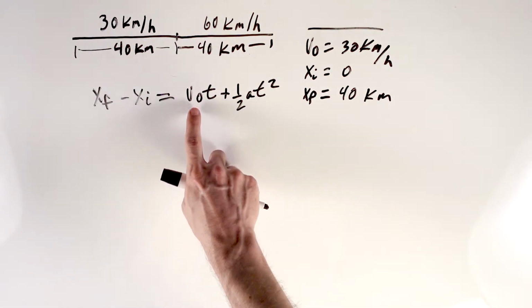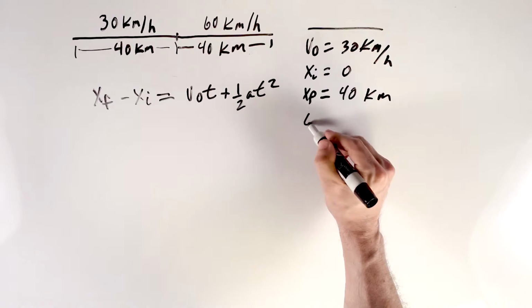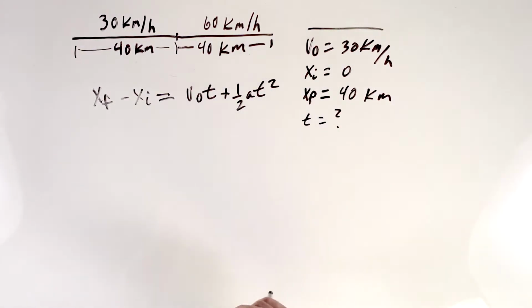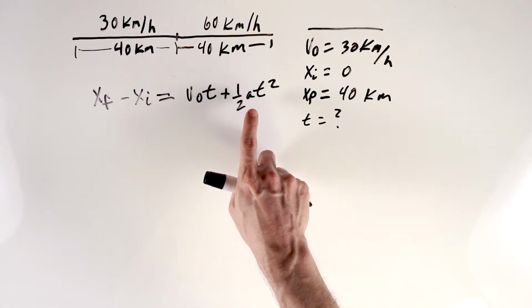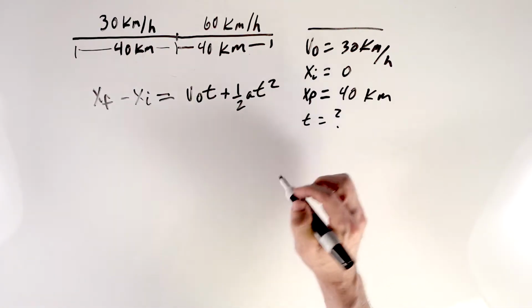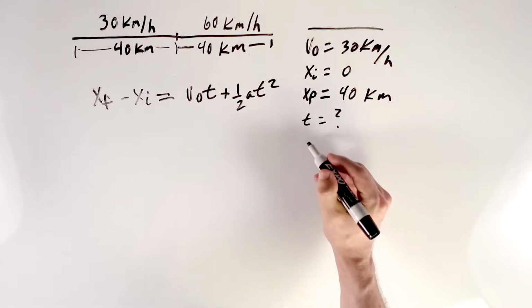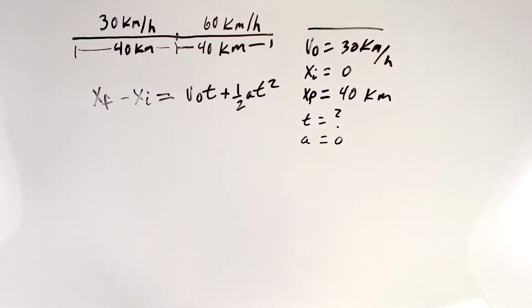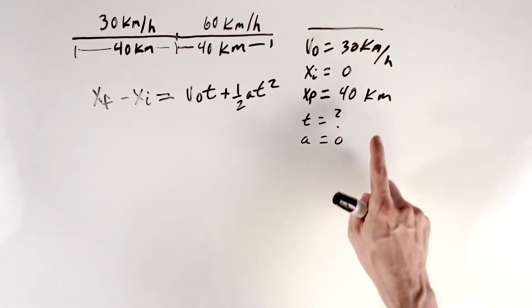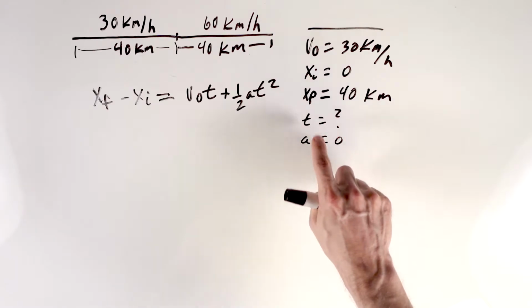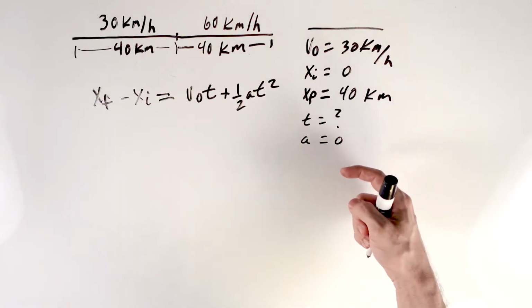Now we go on and we look through this. We don't have t. And then a. A is 0 because this is moving at a constant velocity, right? So a equals 0. So now you have your table. We see what we're looking for, times the missing variable, and then you have the information for the rest of this stuff.